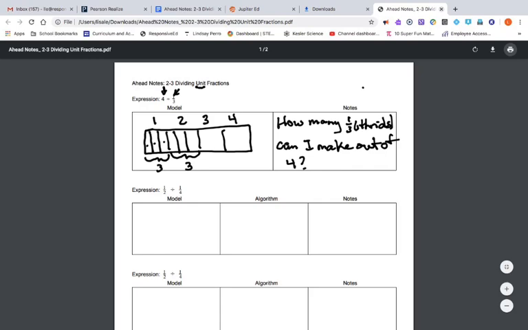Here's my 3rd whole. Man, this is getting to be a tongue twister. There's 1, 2, and 3. So again, I get another 3 thirds, and then finally in my 4th whole, I get another 3 thirds. So all together, I have 3, 6, 9, 12. So I have 12 thirds. When I take my whole 4 and divide it into thirds, I get 12. That's all you're asking.